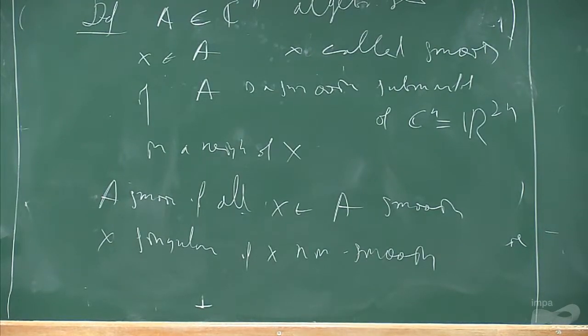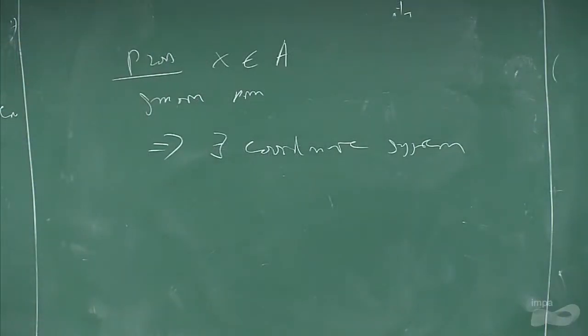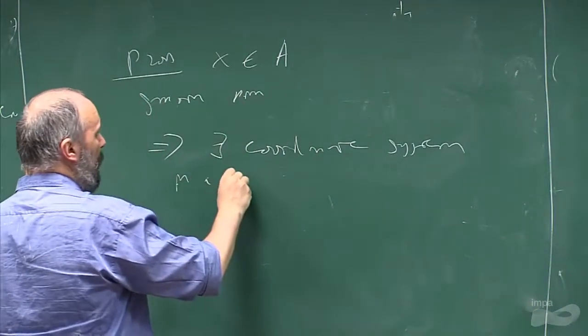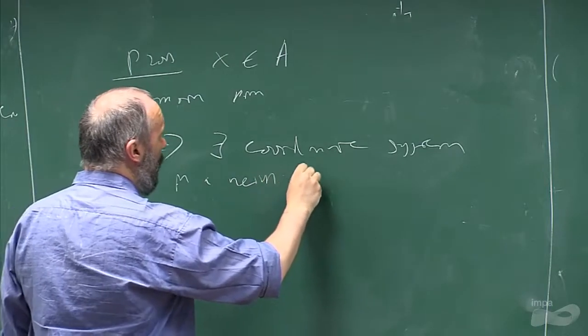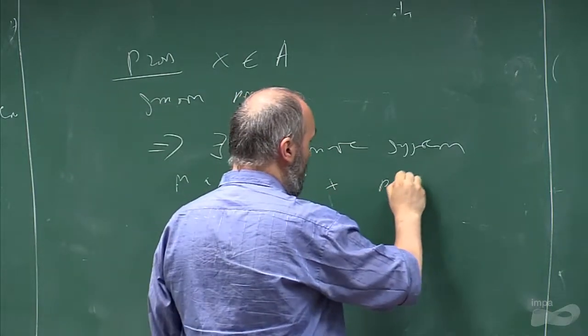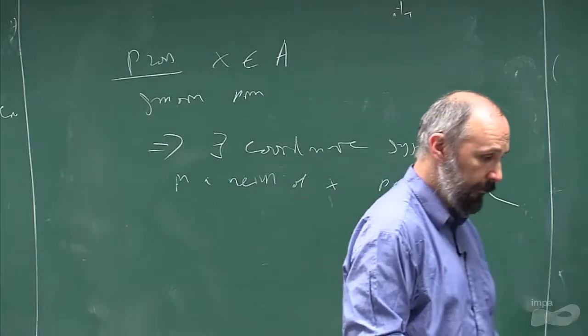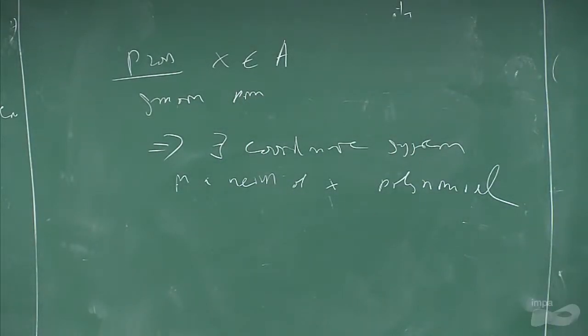Then there exists a coordinate system, namely coordinate functions, in a neighborhood of x which are polynomial. So this is already something.